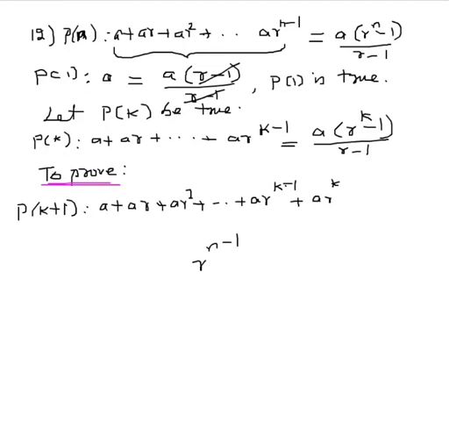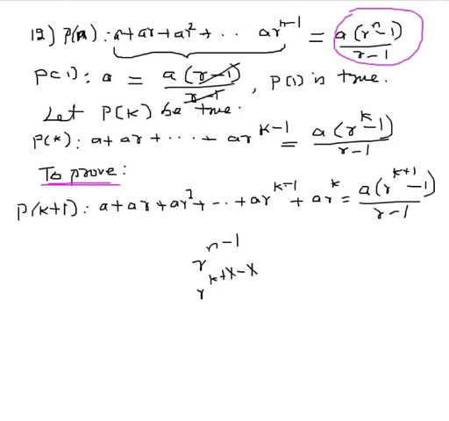Look at the power of r here in the P of n statement. So replace n by k plus 1, which becomes r power k, equal to, now replace n by k plus 1 here, which will become r power k plus 1 minus 1 divided by r minus 1.